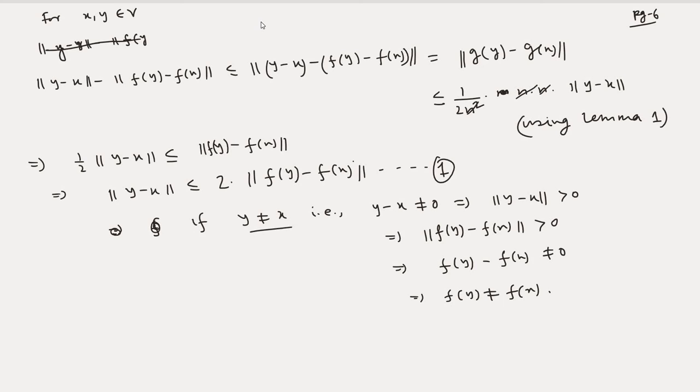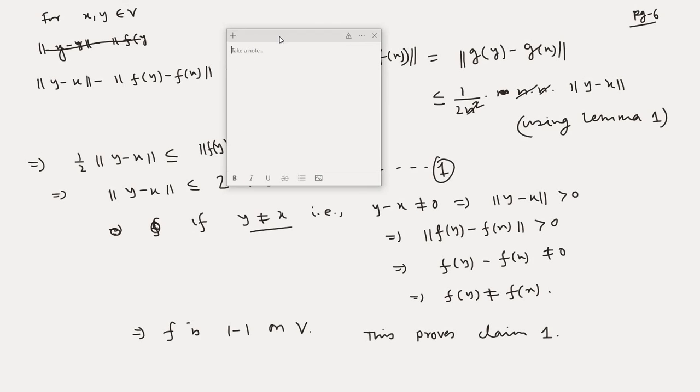So y not equal to x implies f of y not equal to f of x for all x, y in V. This implies f is injective on V, so this proves claim 1.